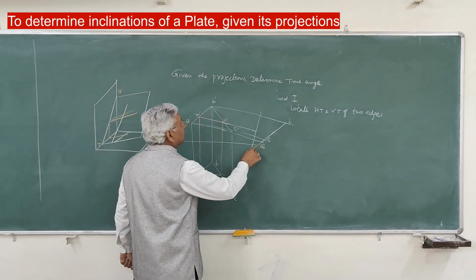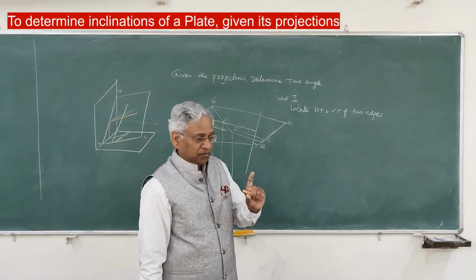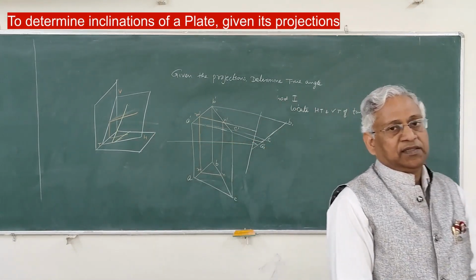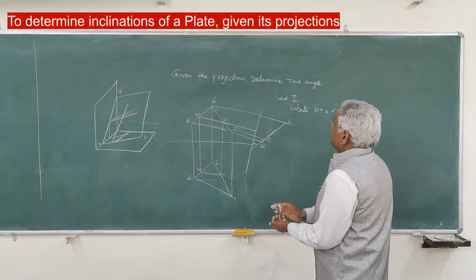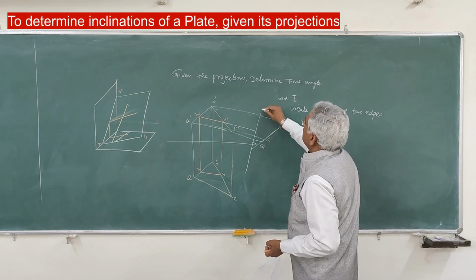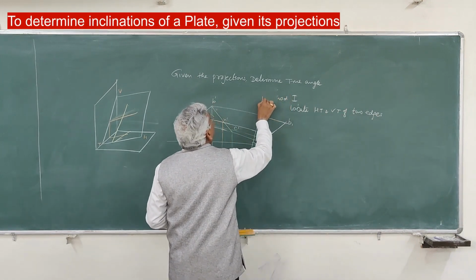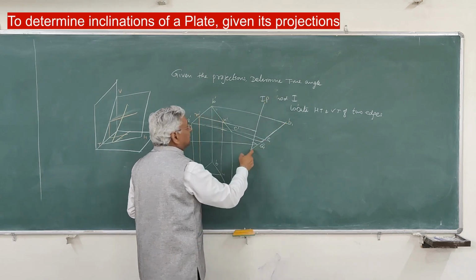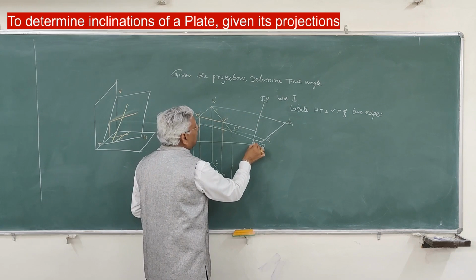Now this angle is basically alpha, the angle made by the plate with one of the reference planes. The angle made by this edge view with the other plane will give you angle beta.